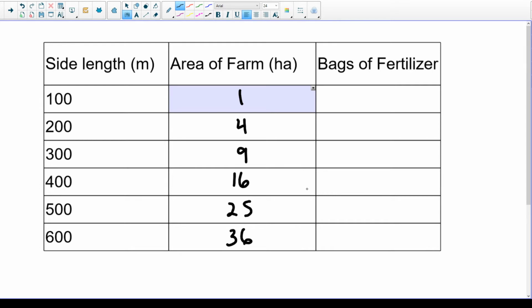So how many bags of fertilizer do we need? So 6 bags of fertilizer cover 1 hectare. So this would be 1 times 6, which equals 6. And this would be 4 times 6, which equals 24. And then 9 times 6. And then 16 times 6. And then 25 times 6. And then 36 times 6.